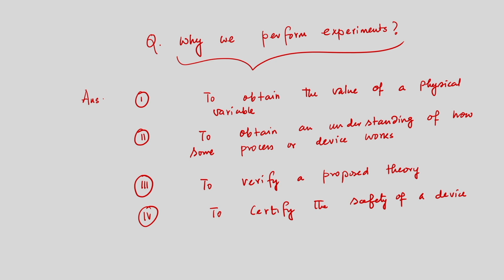Say the company is producing a pressure vessel, and if it is used in real life applications, then we need to specify the internal pressure range for which the pressure vessel will be safe. That means what strength of inside pressure the vessel can stand without any problem, and how we can certify that? We need to certify that the pressure vessel should work if the internal pressure is within this range, and that we can know only by doing experiments. So, this is another important point.